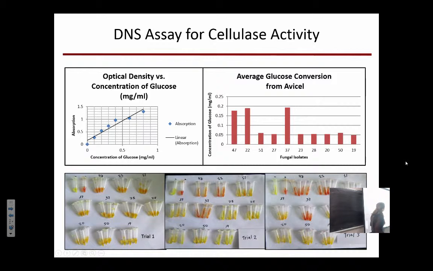Now what's really funny is that strain 20, as you'll see in later slides, is the putative causal agent for the disease, but it wasn't the highest producer of cellulase. In fact, strain 47, strain 22, and strain 37 were the highest producers of cellulase of all the fungi that I isolated.